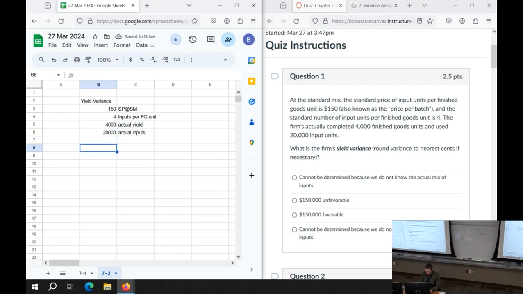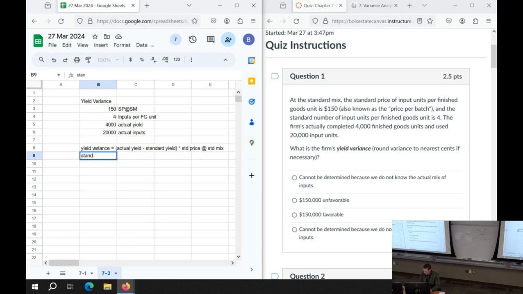So yield variance equals actual yield minus standard yield times standard price at standard mix. Great. We have actual yield. We have standard mix. We can expand this.